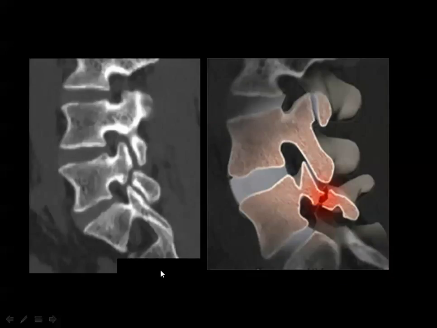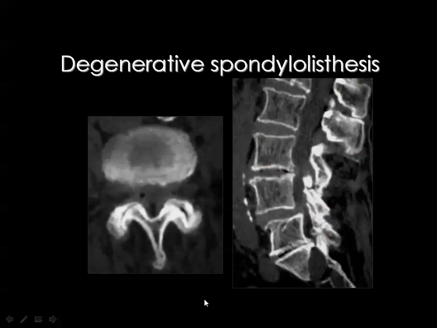Then in the reconstructed CT images, in the sagittal view, you go to the sections of the midline, looking for the region of the pars interarticularis, and here you can see the pars is broken, but here it is intact, and also here the pars is broken, and here it is intact.